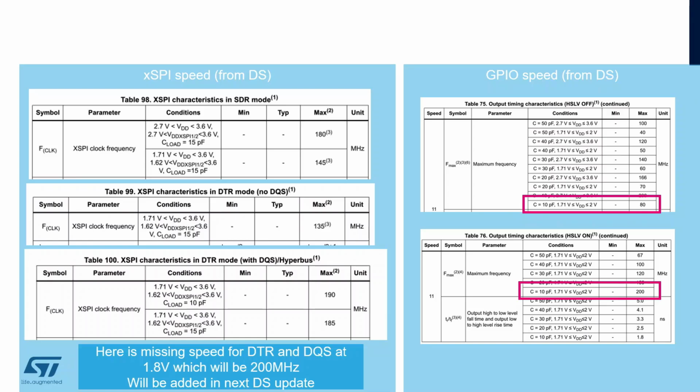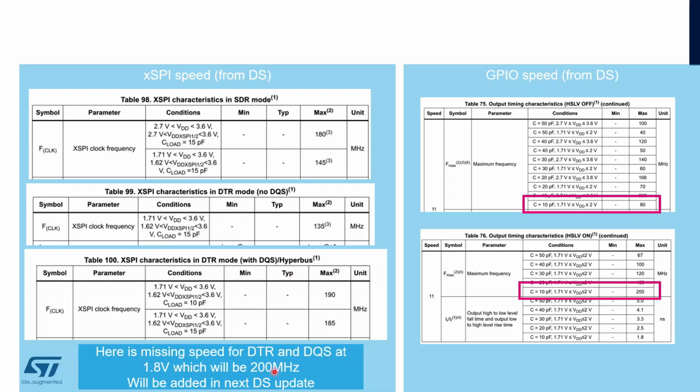What is important for us is that we will most probably run it in DTR mode, and we will run it on 1.8 volt. So far the maximum speed is 190 megahertz, but for the complete range it will be added in the next revision of the datasheet that the maximum speed at 1.8 volt is 200 megahertz.